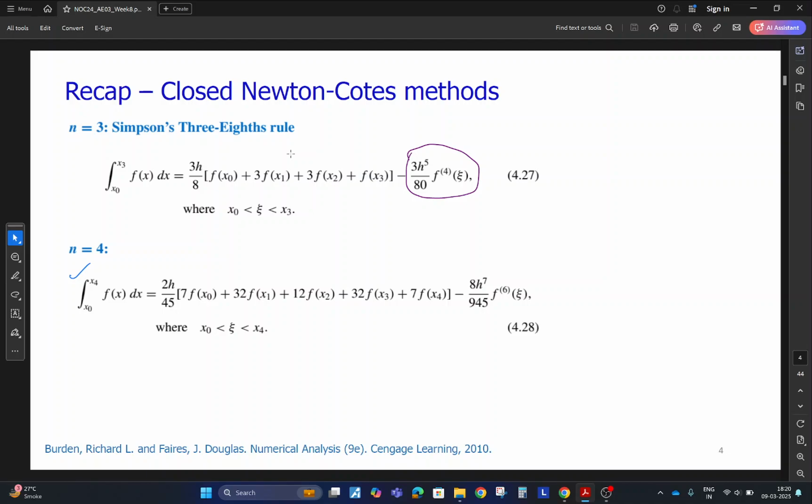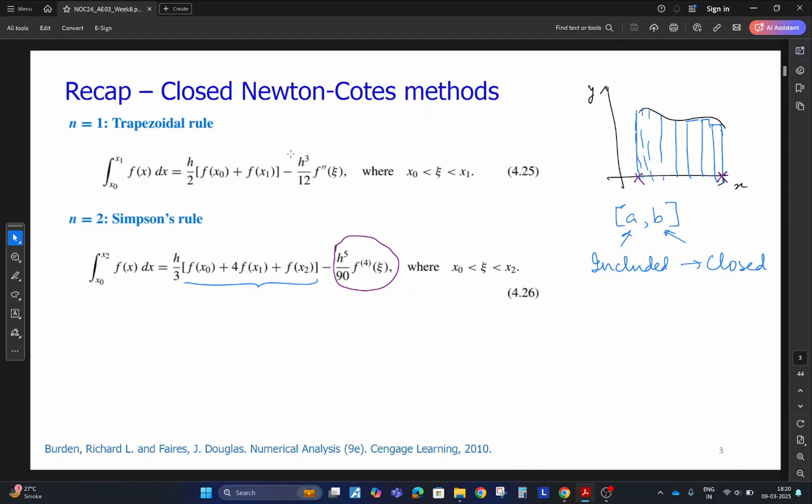When the parameter n equals 3, we obtain the Simpson's 3/8 rule. And here, whereas previously in Simpson's 1/3 rule, we were working with 3 integration points. In trapezoidal rule, we had only 2 integration points, which were the endpoints of the interval.